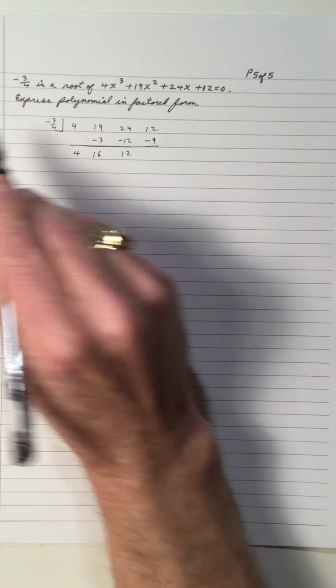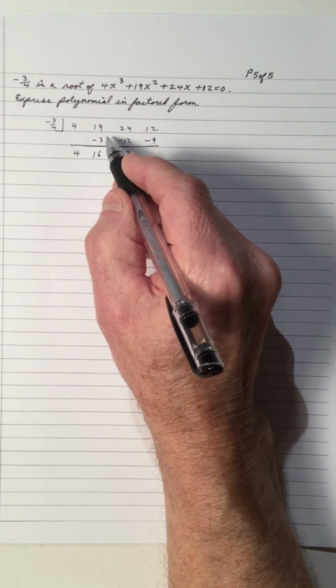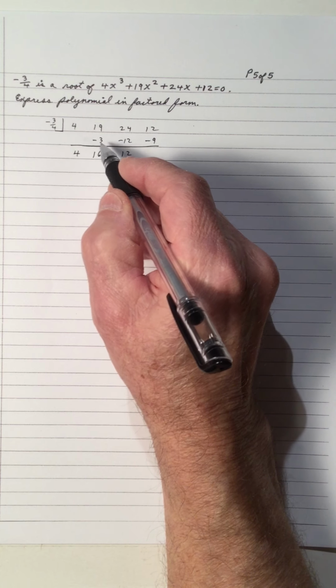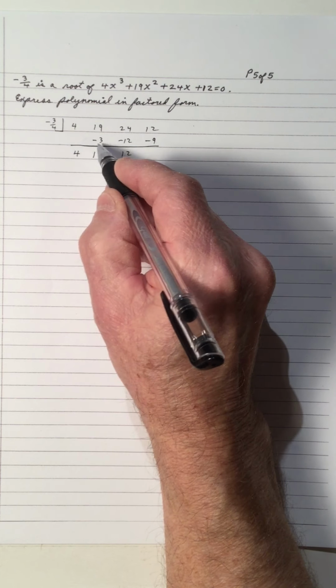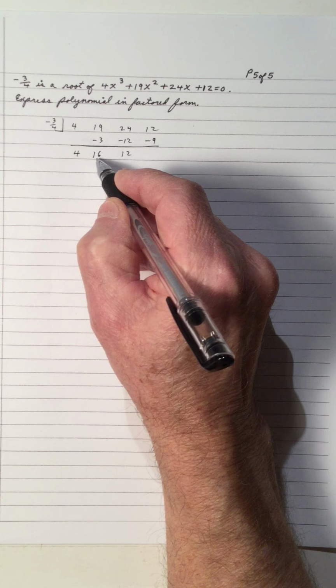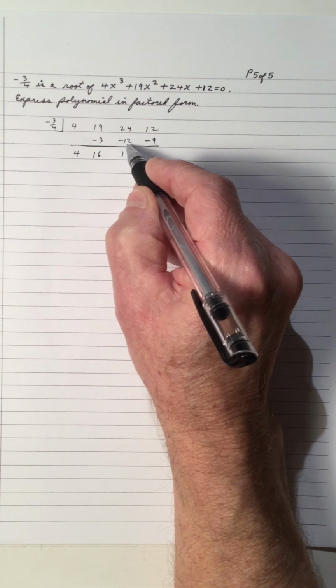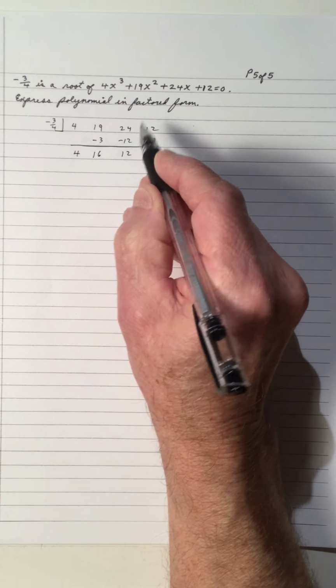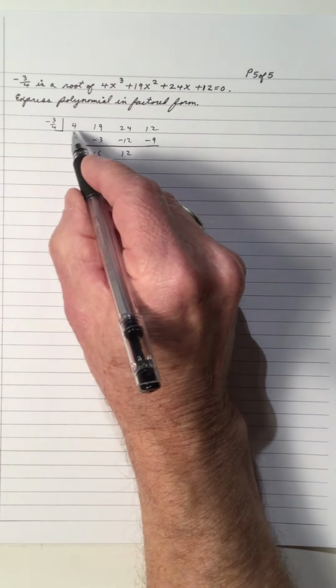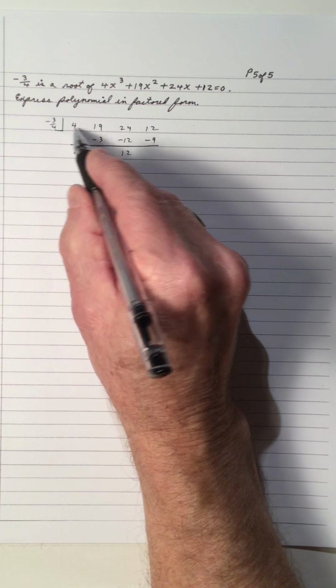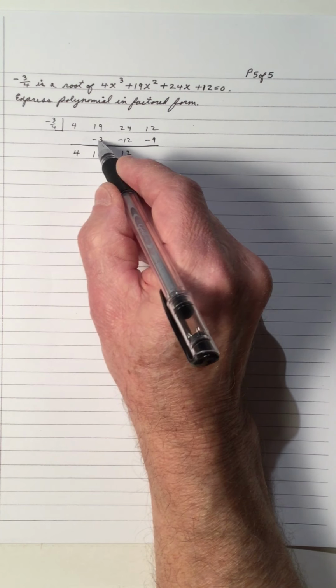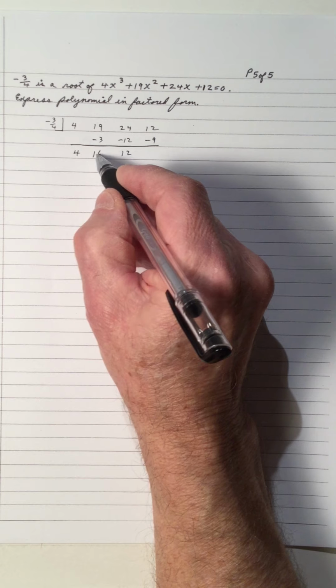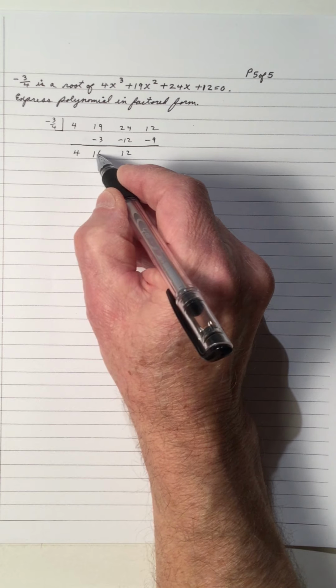Did we do something wrong here? 3/4, 4, 3, 16, and -12. Should have, let's see, bring down a 4, -3, -16.